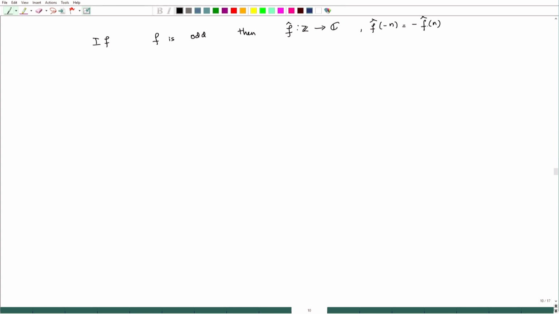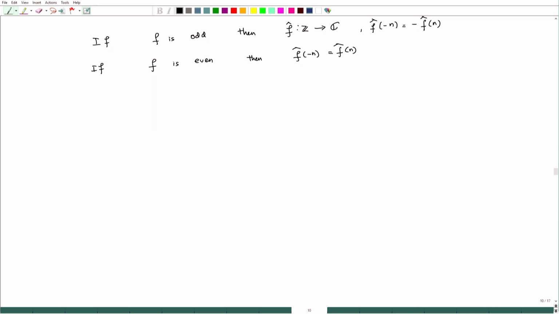Simple computation, and if f is even, then f hat of minus n is equal to f hat of n. That means f hat as a function on Z is also an even function.